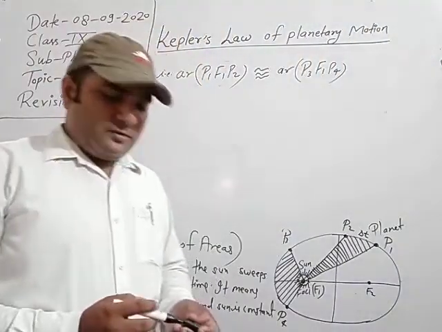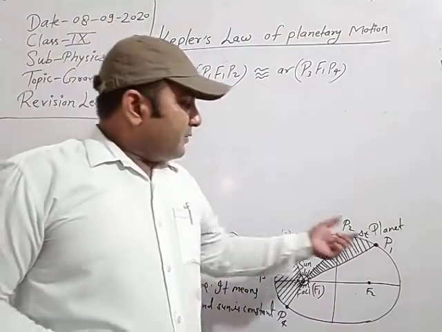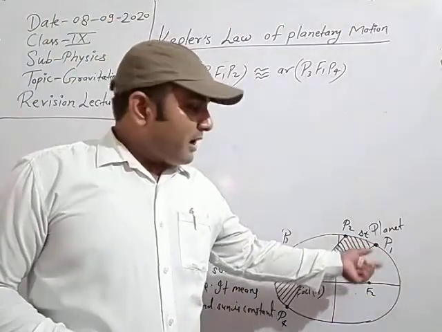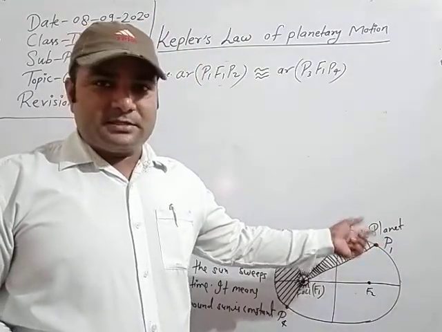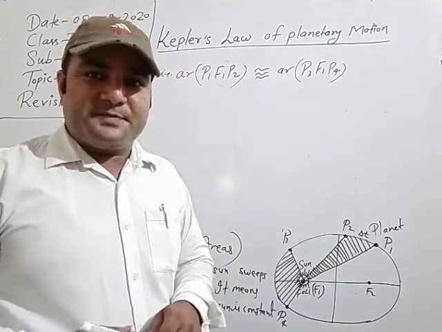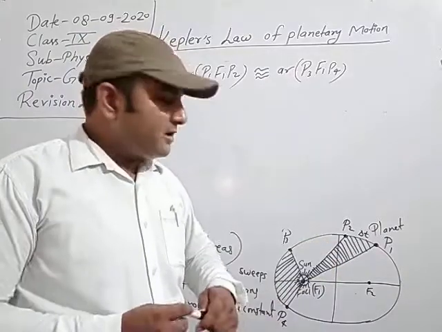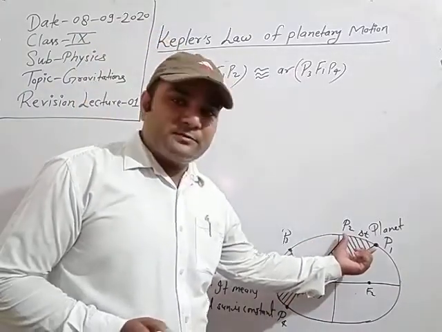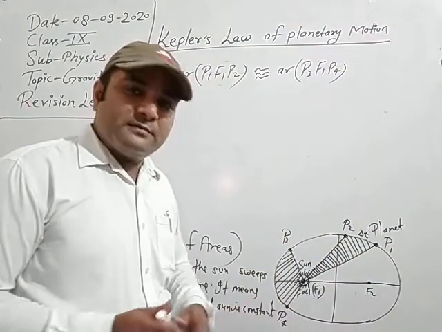And here one thing is also important in this statement: when the planet is away from the sun, then the speed of the planet is less. Why? Because this linear distance is less than this linear distance P3 to P4.